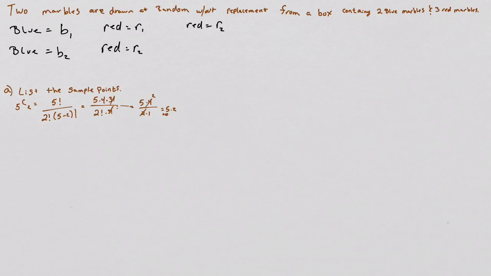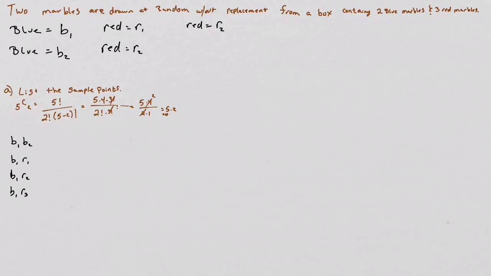Really the best way to do this is to get in and start. I like starting with, pick one marble, list the other 4 with it, pick another marble, list the next 3 with it. So there is no overlap here. All right, so here come my outcomes. I want to have blue sub 1, blue sub 2, blue sub 1, red sub 1, blue sub 1, red sub 2, blue sub 1, red sub 3.